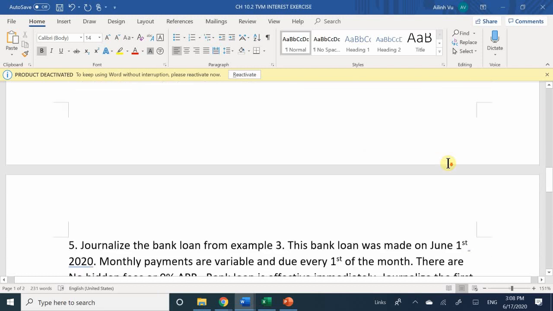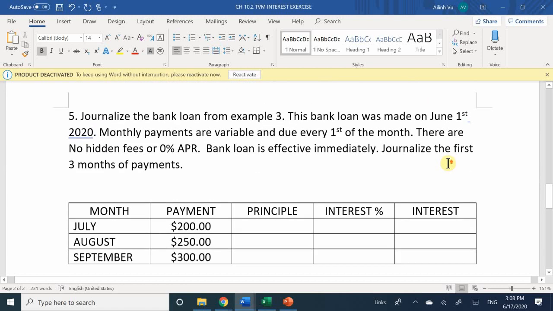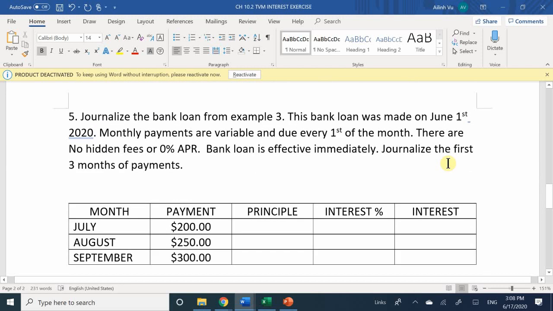Okay, so the next example I want to go over is going to be a bank loan, from example 3. So again, journalize the bank loan from example 3.